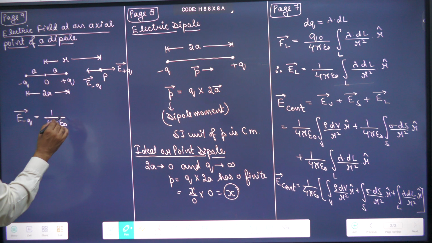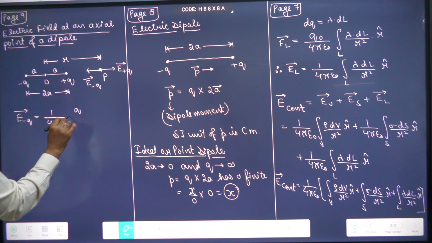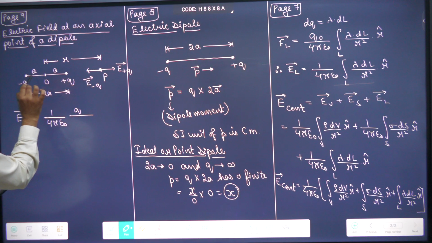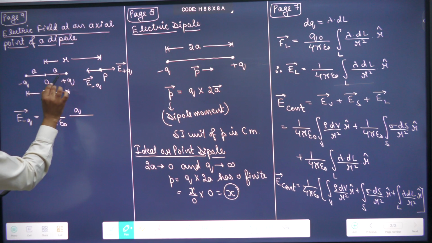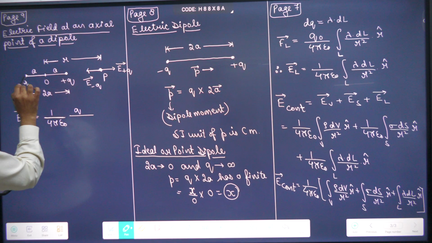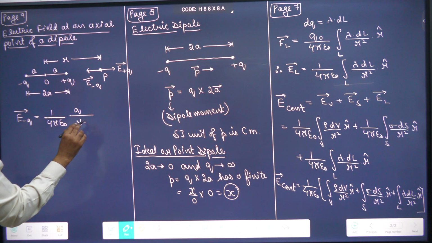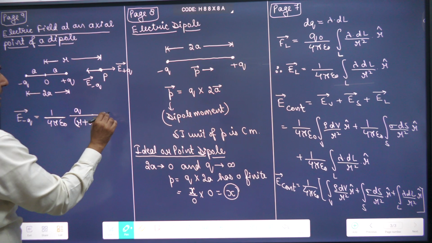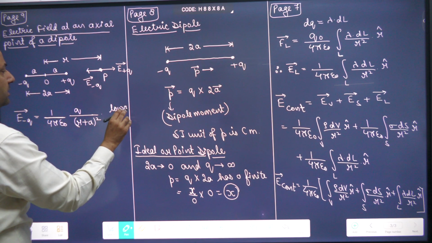So 1 upon 4 pi epsilon naught, Q upon, what is the distance between minus Q and point P? This is small a, and from here to here it is r. So r plus a whole square. Is this clear, Anusha? And we write the direction is towards left.